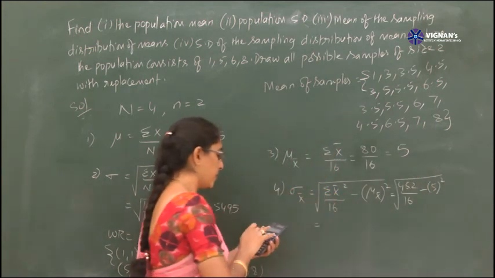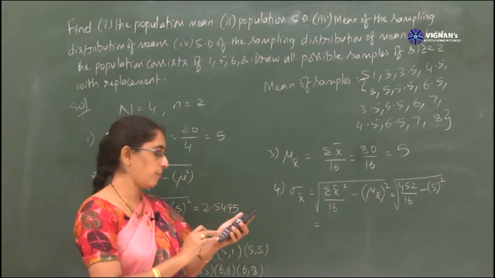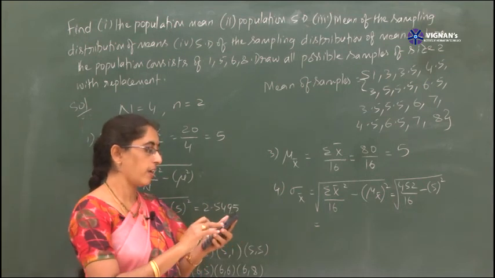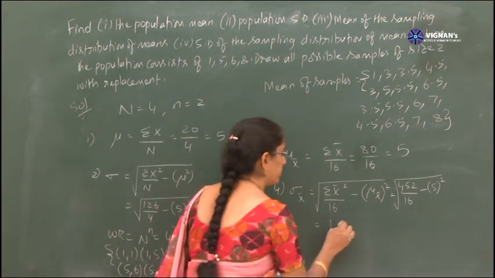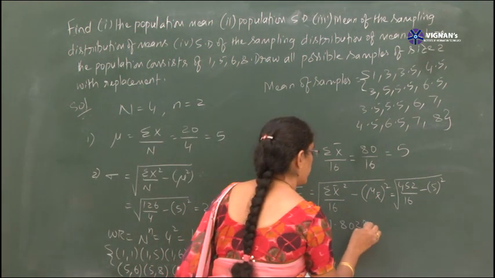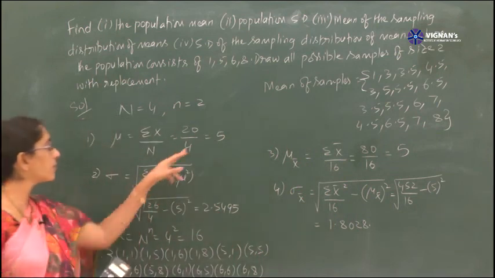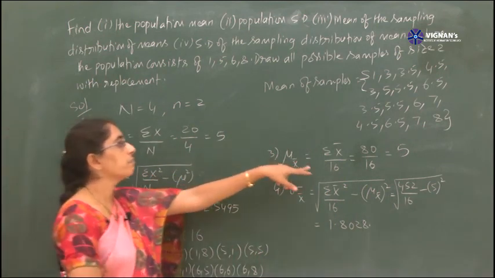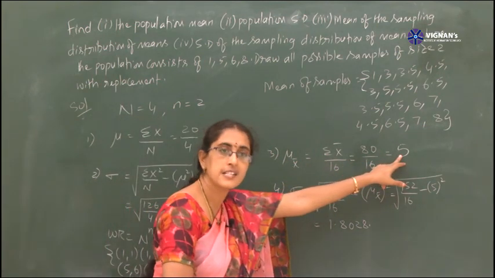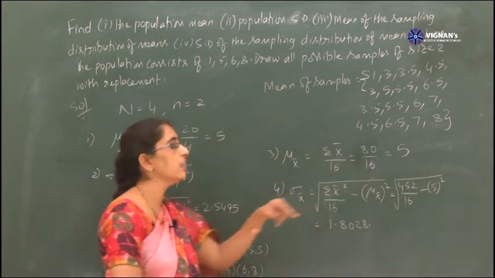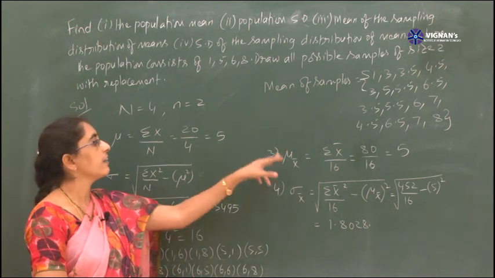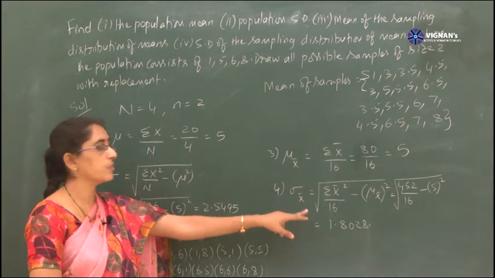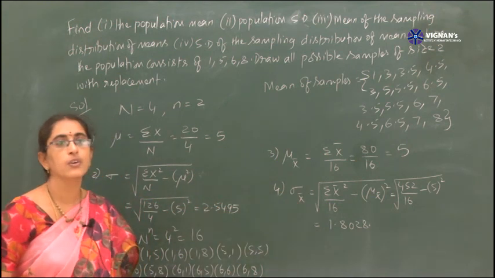Press shift 2 and the second option, it is 1.8028. So the mean of the population is 5, and the mean of the sampling distribution of means is also 5; both should be equal. The standard deviation of the population is 2.54 and the standard deviation of the sampling distribution of means is 1.8028.